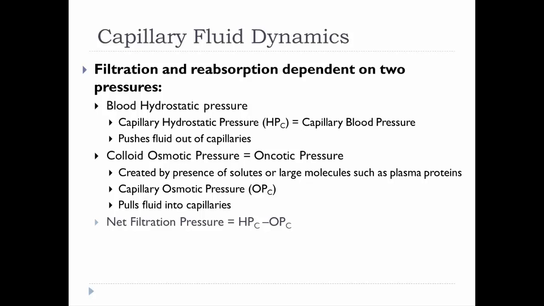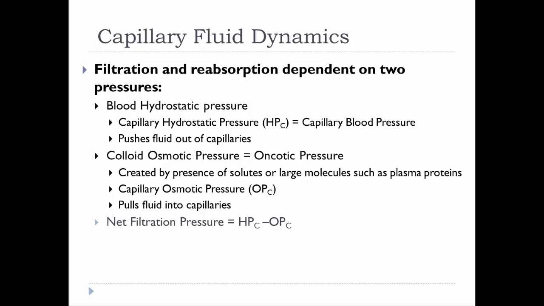Remember, fluid's going to go from high concentration to low. Well, if I have a lot of solutes in my blood, I have very little water, and a lot of fluids outside in the interstitial spaces. So that fluid's going to go from high to low, or be drawn into the capillaries. So think of that as pulling fluid into the capillaries, whereas blood hydrostatic pressure is pushing out.